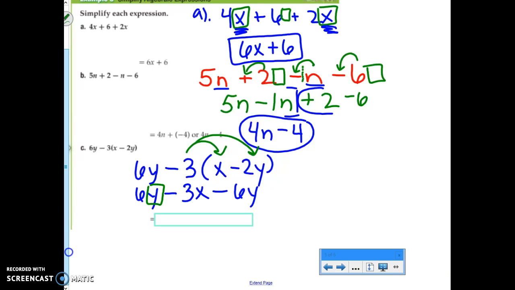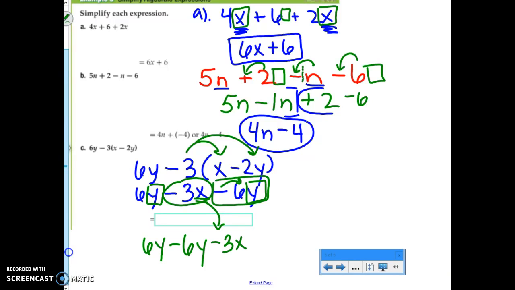I have a y here, and just an x here. So I can really view this problem and rearrange it as 6y. And remember, this symbol that's right in front of that 6y sticks with it. So I have minus 6y. And then remember, this symbol directly in front of there sticks with it. So minus 3x.